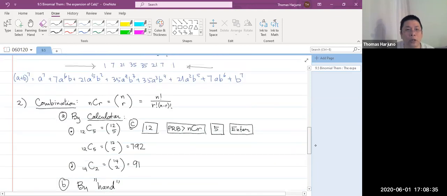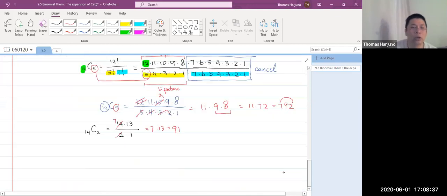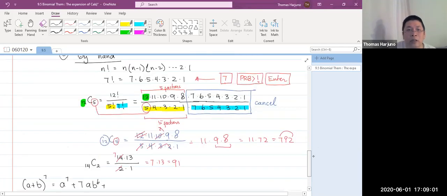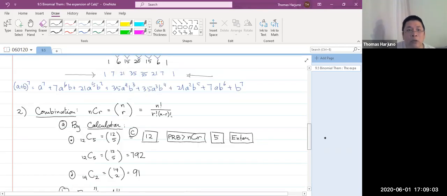So going back to the expansion we have for the binomial theorem, a plus b to the 7, for example, we know that's a to the 7 plus 7ab to the 6 plus, what's that? After 7 is 21.